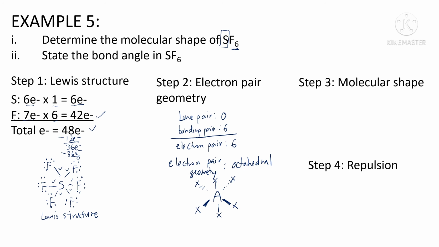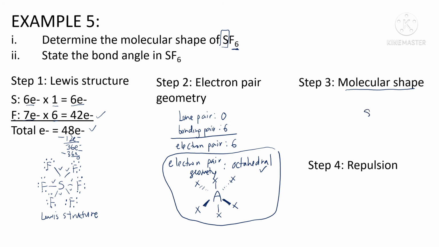So this is octahedral. And step number 3, we need to determine the molecular shape of SF6 based on the electron pair geometry that we deduced in step number 2. So we know that the molecular shape is based on the electron geometry octahedral, so we need to draw the molecular shape based on the octahedral.